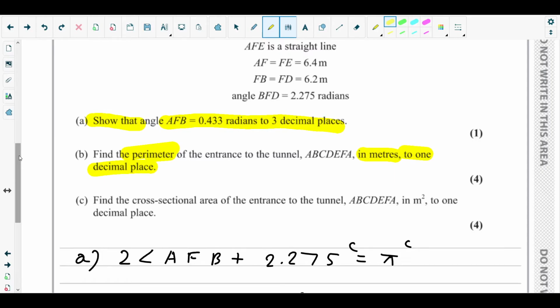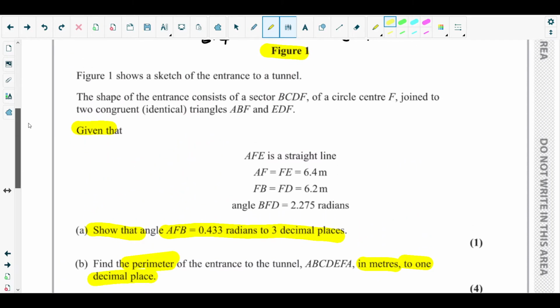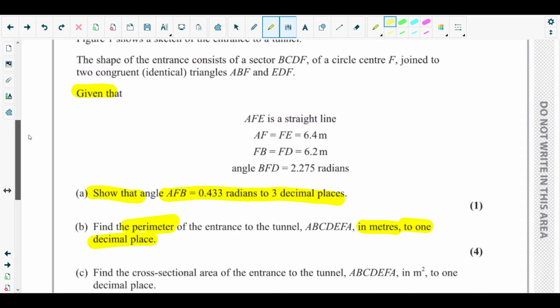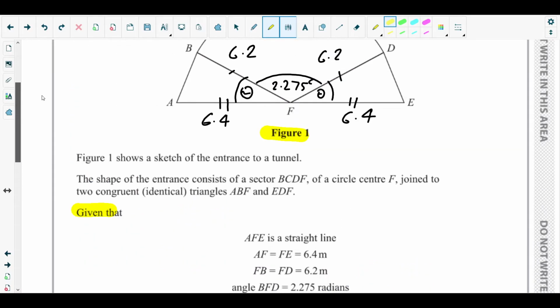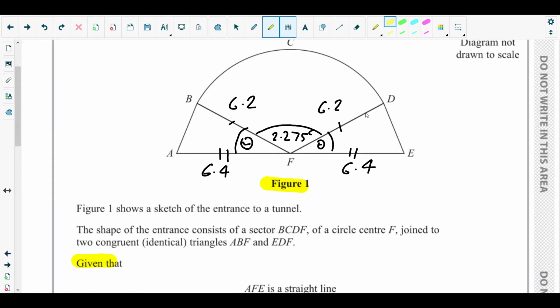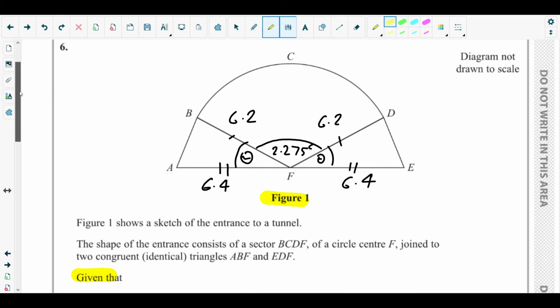Most students make a mistake here: they consider the lengths of all of the sides as well as the border. No, for perimeter we just consider the border. So what is the border length here? AE, AB, DE, and BD, the arc BD. This is the border, so just consider the border length.